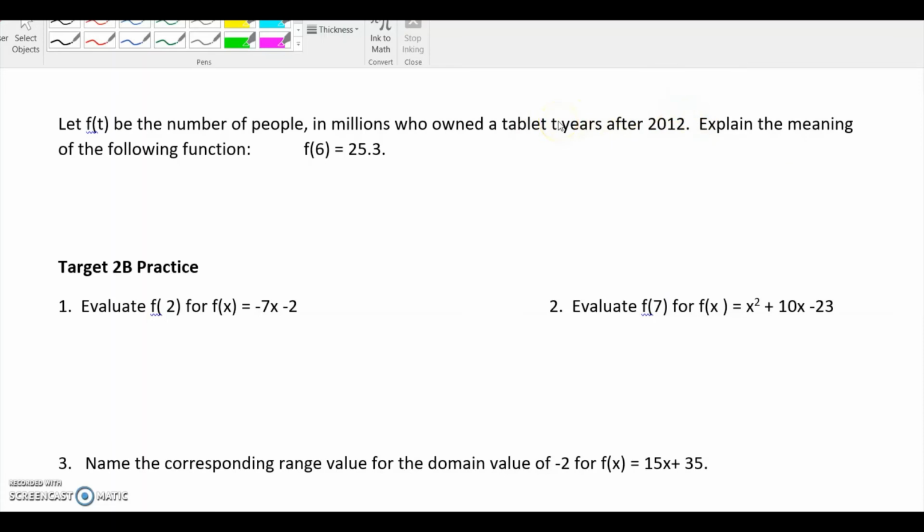So that's what it's talking about in t years after 2012, and we're looking at the number of people in millions who owned a tablet. So we have to look at this situation right here and figure out what it means.